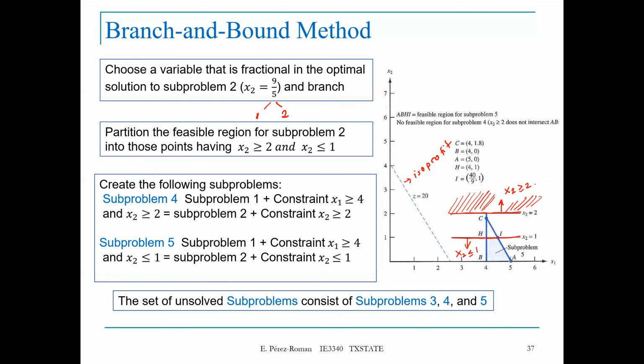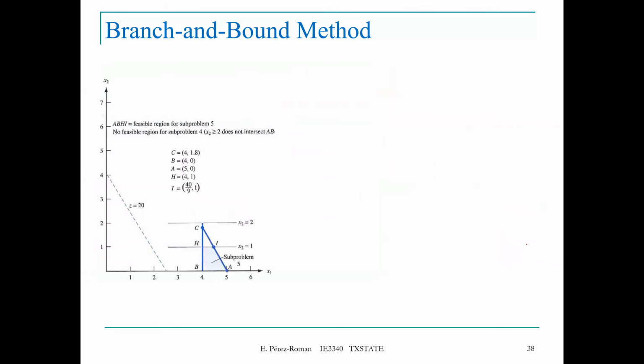This is subproblem 4 at the top, subproblem 5 is at the bottom, and subproblem 3 is the one that we haven't discussed yet. We'll get to that one in a minute.